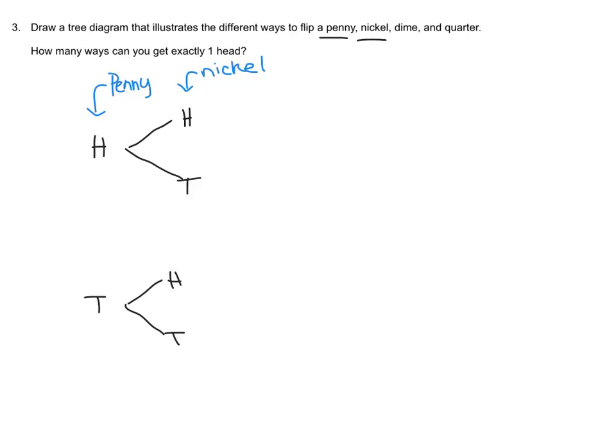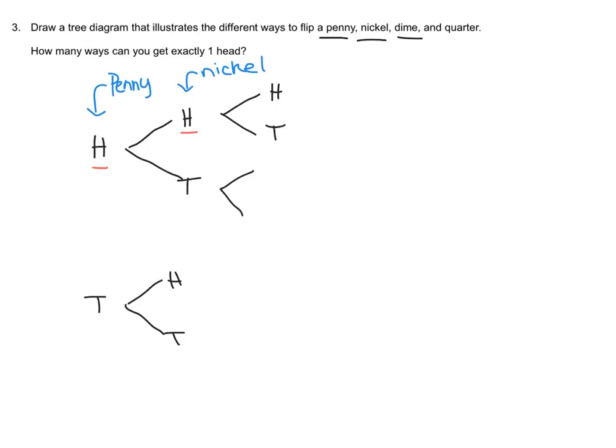Now I'm going to move on to flipping the dime. And I'll continue that process. So if I flipped the penny and I got a heads, and then I flipped the nickel and I got a heads, then I could flip a dime and I would have two outcomes. I could either get a heads or a tail. So as you can see, I'm just adding another set of branches to the branches that I previously wrote down.